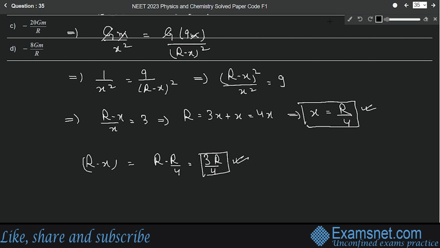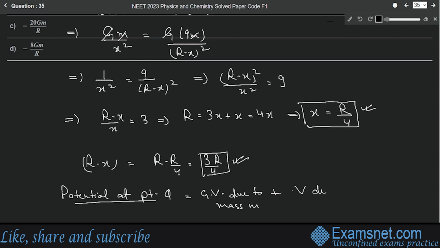Now we have to find out the potential at point Q. Potential at point Q will be equal to the potential due to mass m plus the gravitational potential due to mass 9m. We are talking about the gravitational potential, right?